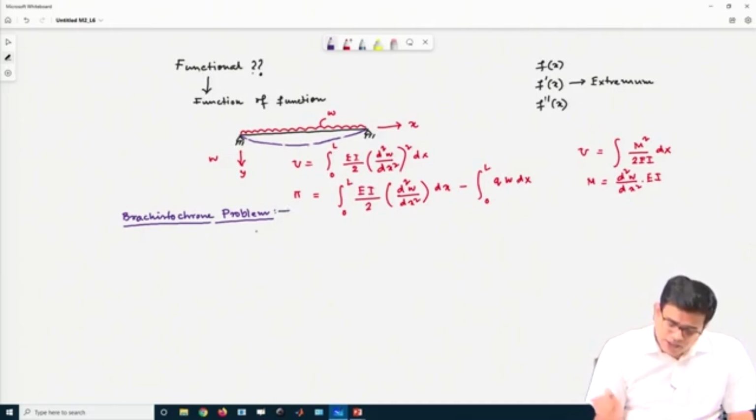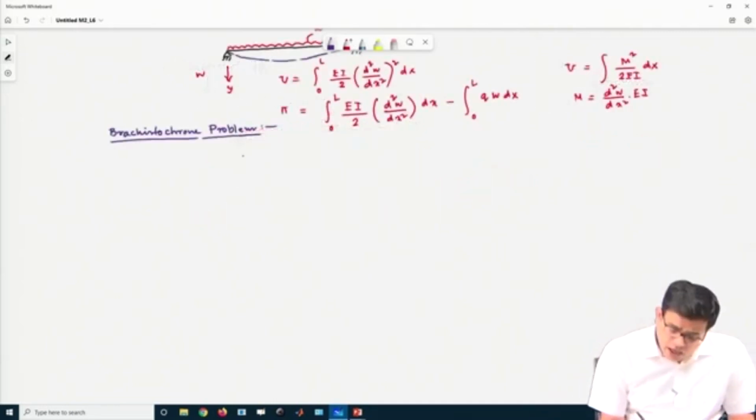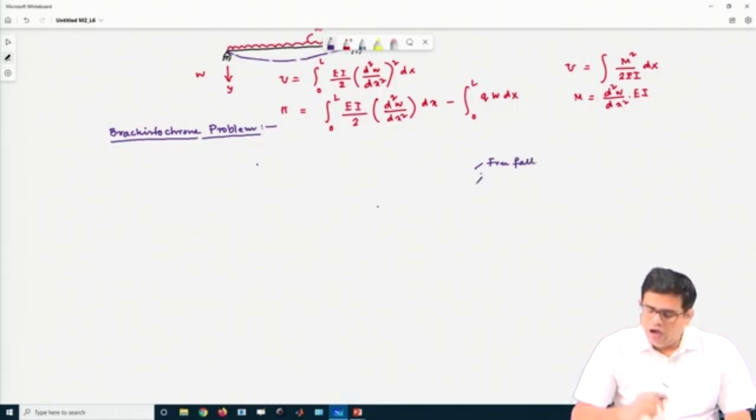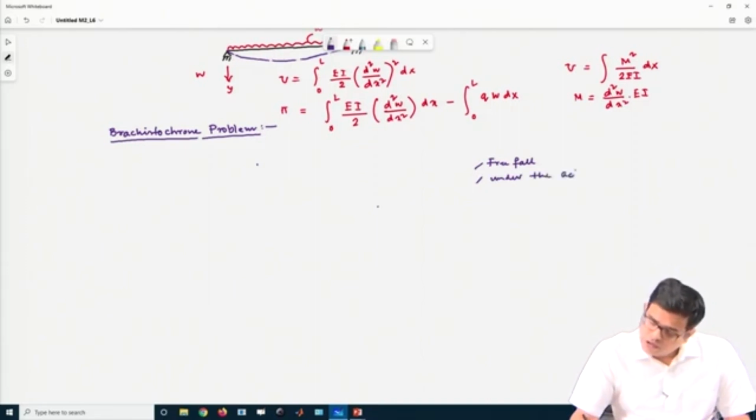Now in the brachistochrone problem, let us see the statement of the problem. Suppose there are 2 points in 2D space, 1 and 2. There is a particle which is in free fall, falling under the action of gravity.